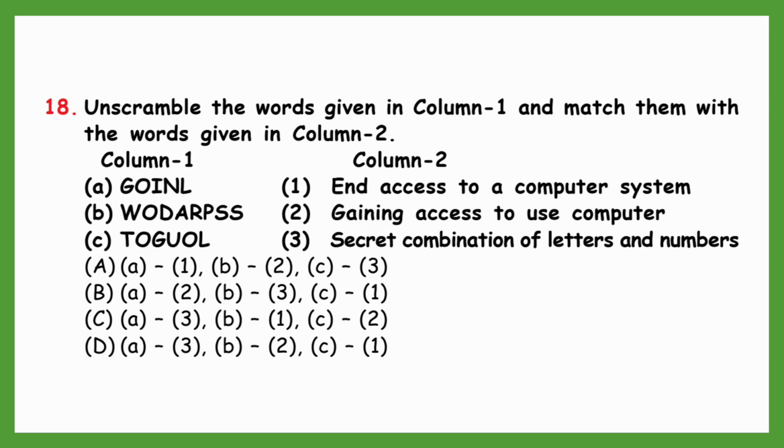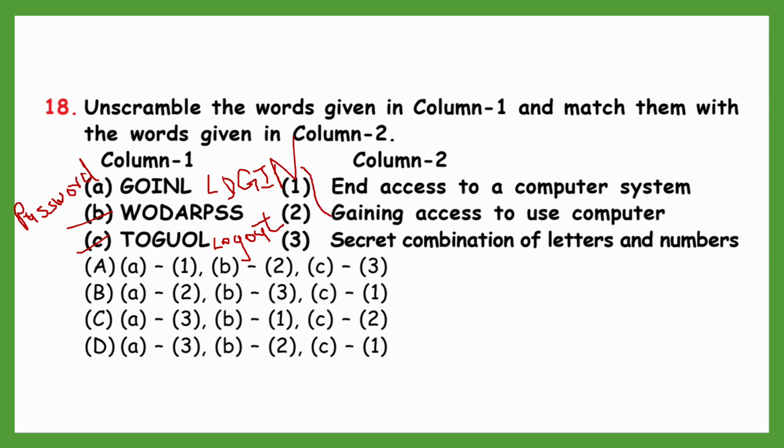Okay. So after unscrambling, we will get first one as login. Then second one, password. Then next one, logout. So we will match. What is login? Login is gaining access to use computer.